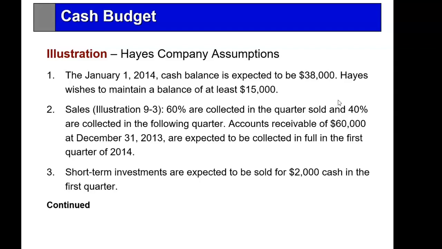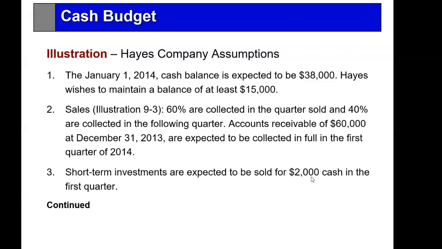So if I sell 100,000 in quarter one, 60,000 will be collected in quarter one. 40,000, or 40%, will be collected in the following quarter. And they know this from experience. So they're starting the year off with 60,000 in accounts receivable. That was 40% of the quarter before sales. So we're going to collect that plus 60% of whatever sales we make in quarter one.